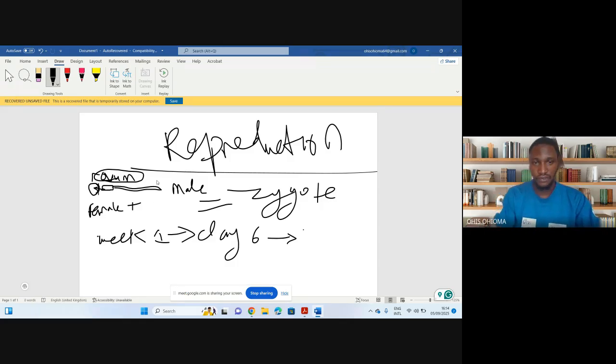The first cells that form, you have the morula, which is a ball of cells. And then from the morula, you have a blastocyst, right? A blastocyst means you have a ball of cells, with a lot of the cells pushed to the periphery, and then you have a large fluid-filled cavity.